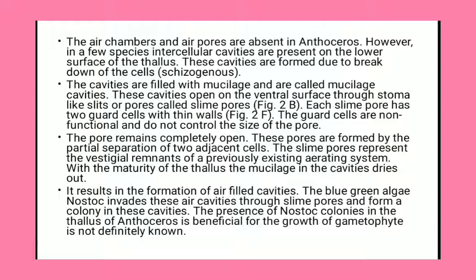Air chambers and air pores are not present, however in a few species intracellular cavities are present on the lower surface of the thallus. These cavities form due to the breakdown of cells, and the cavity is filled with mucilage, so it is also called a mucilaginous cavity.